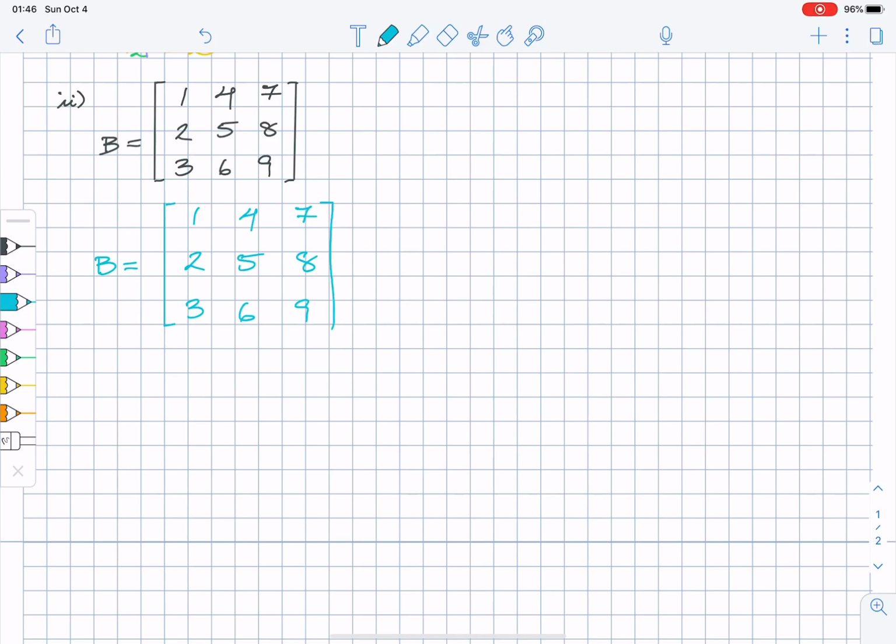So what is the dimension? We know that the dimension of matrix B is going to be rows by columns. Okay, so how many rows do we have? 1, 2, 3, so that's 3 by, how many columns? 1, 2, 3. So 3 by 3. So the dimension of matrix B is 3 by 3.